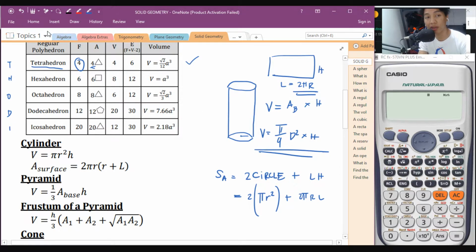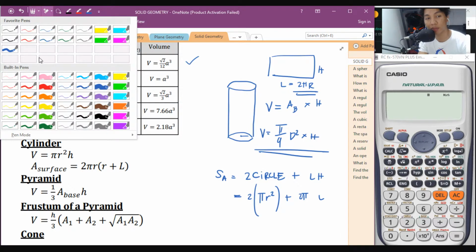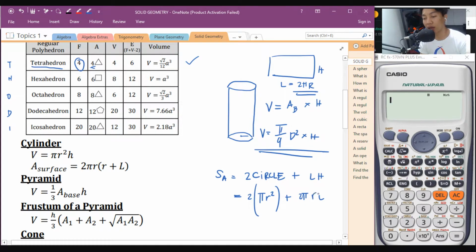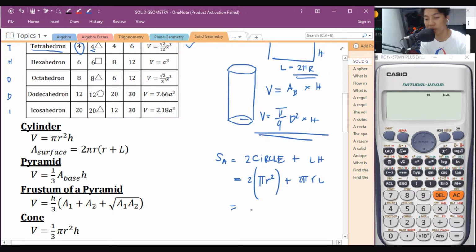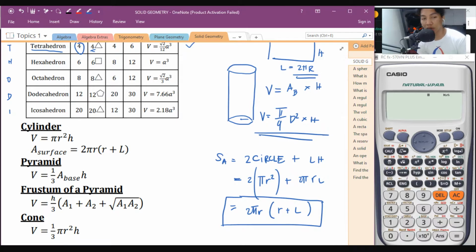Ayan. So, pwede ko itong burahin. Pwede kong baguhin para magkaparehas sila. Ngayon, i-factor out yung magkakamukha. Okay? I-factor out mo yung 2 pi R. Meron sila dyan. 2 pi R, i-multiply mo. Ano natira? R and then L. Then, you can say, na-solve na natin yung area or surface area nung inyong cylinder.